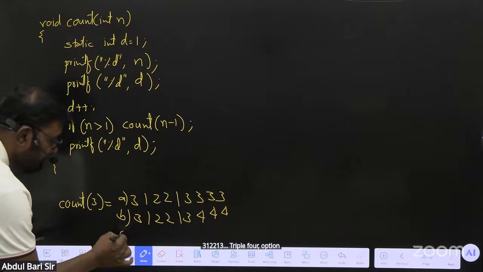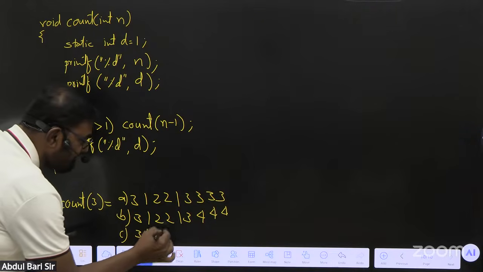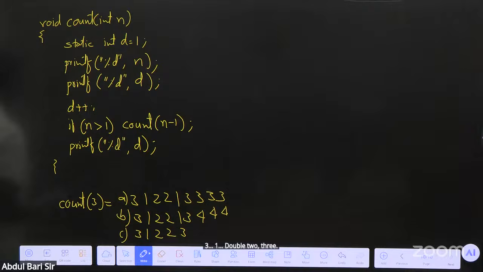Option B. Option C. 3, 1, double 2, 3. Okay, enough. So, no. Answer is one among these. See, you gave the answers, I have written them as options.